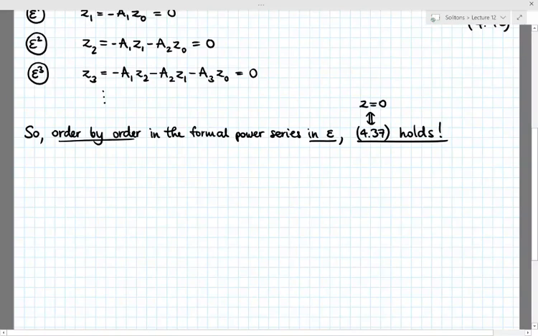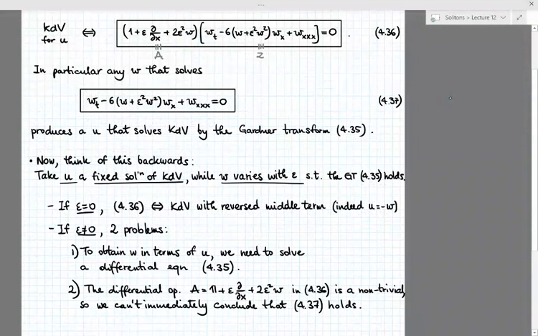Let me remind you what equation 4.37 was. We started from the fact that the KdV equation for U was equal to equation 4.36 in terms of the new KdV field W. And we also had equation 4.37, that's what I call Z, the quantity in the square bracket in equation 4.36. So if equation 4.37 holds, then equation 4.36 holds as well, because A is a linear operator and Z vanishes. But we had the second problem that it wasn't clear that the converse would hold, because the linear operator A could have a non-vanishing kernel.